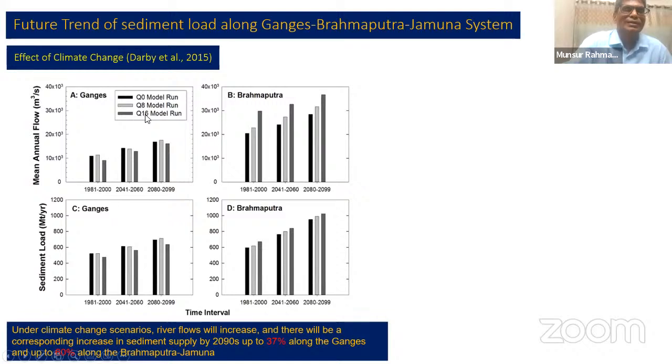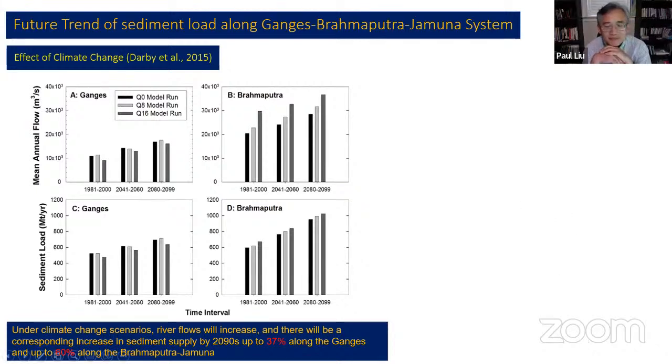And as the rainfall is likely to increase because of the climate change, in the natural condition, the generated sediment by hydrogen will also increase. But we mentioned here that it cannot be realized in reality because of the effect of the anthropogenic interventions like damming, etc. So this is the reason the sediment is likely to increase, but realistically we cannot receive it because of the damming. Okay, thank you.